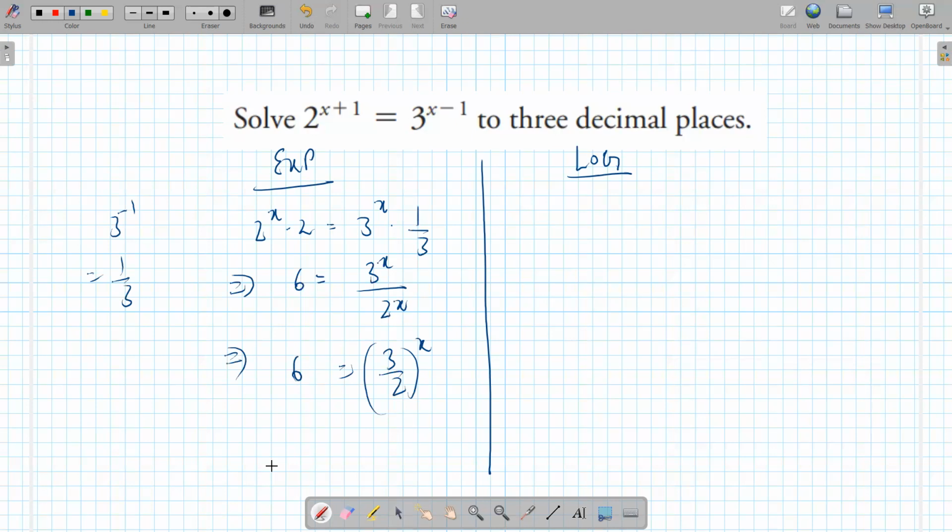You do logs. That's right. So you have log of 6 equals log of 3 over 2 powered x. So x will be log 6 divided by log of 3 over 2.